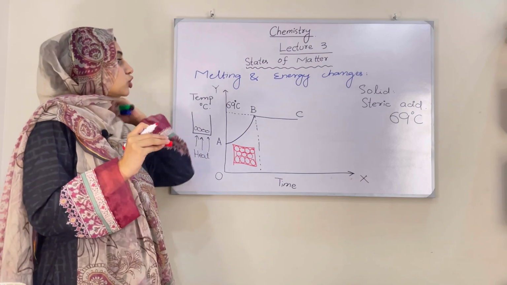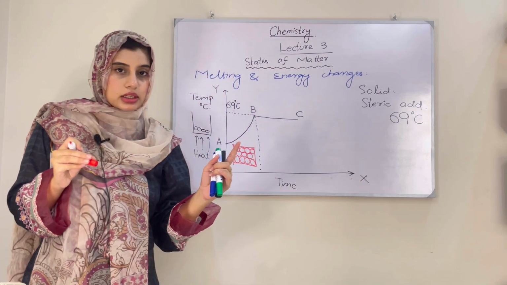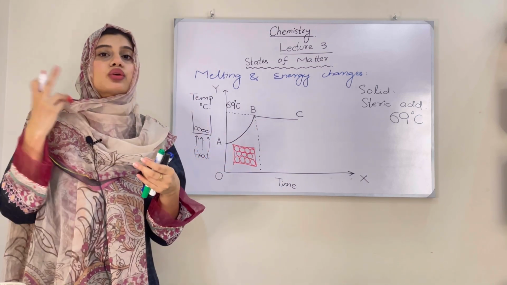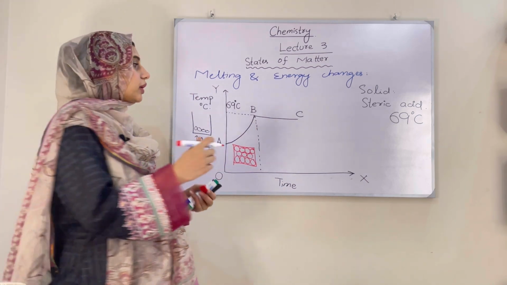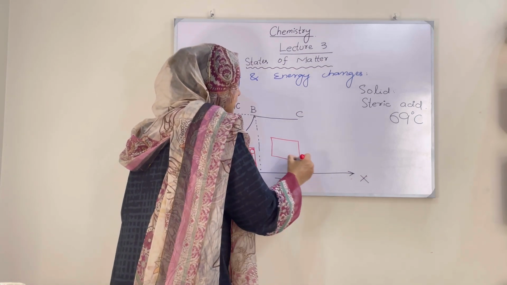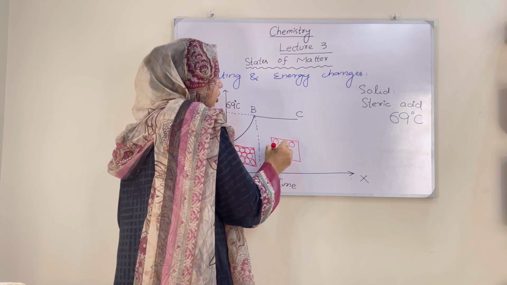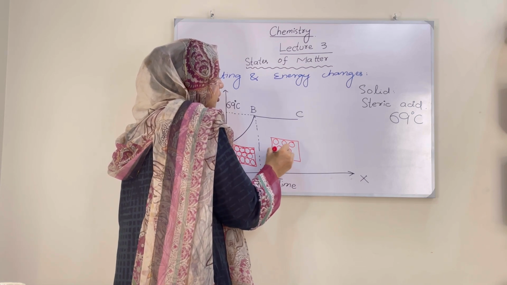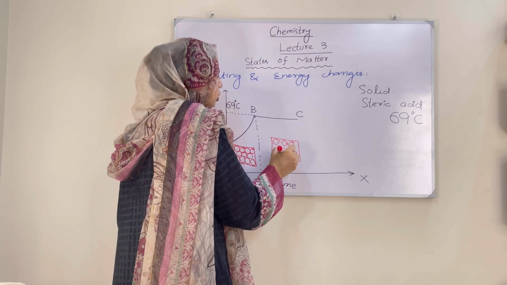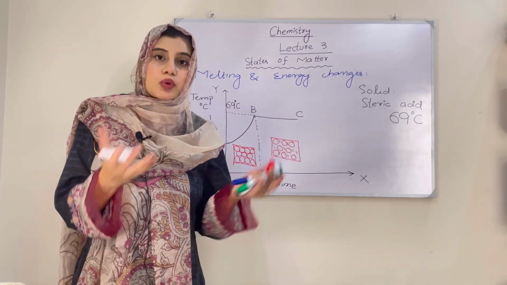So from B to C the temperature is constant, and this is the time when all of the molecules of the solid convert into a liquid. The diagram of a liquid looks somewhat like this. The molecules are now a bit far from each other and they are continuously moving and vibrating because heat is continuously provided to them.